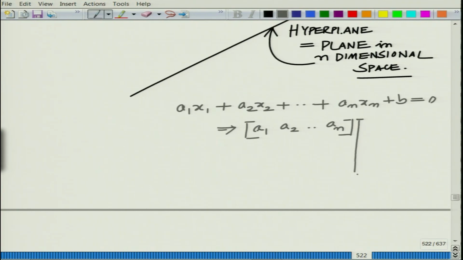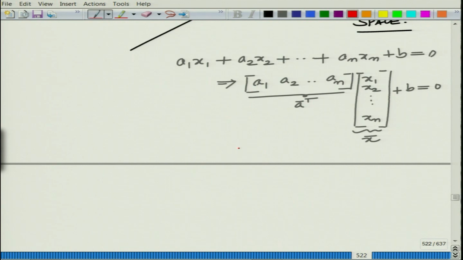So, I can write it as A bar transpose x bar plus b equal to 0.